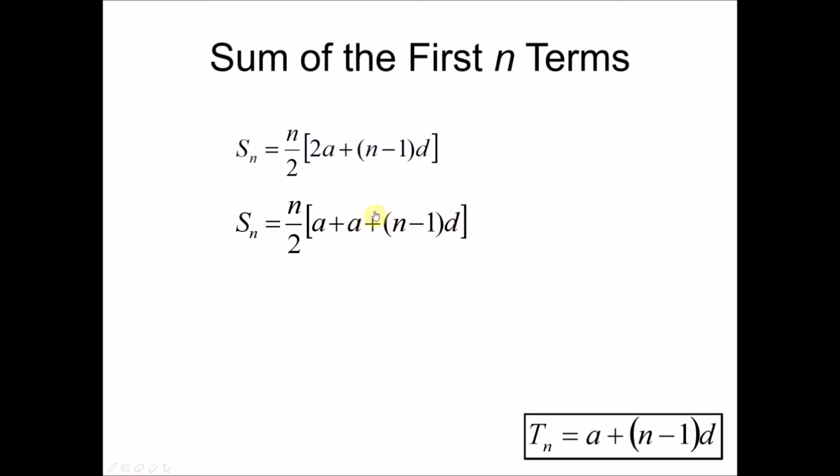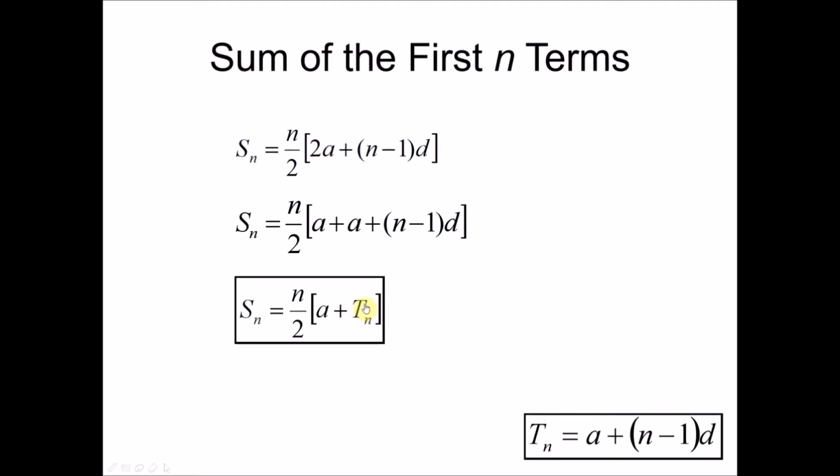So we can substitute this with Tn, and the rest is still the same. We only substitute this part with Tn, where Tn is the nth term. For example, in example 1, Tn will be the 10th term. Or we can say that this is the last term in the arithmetic progression where we want to find the sum.